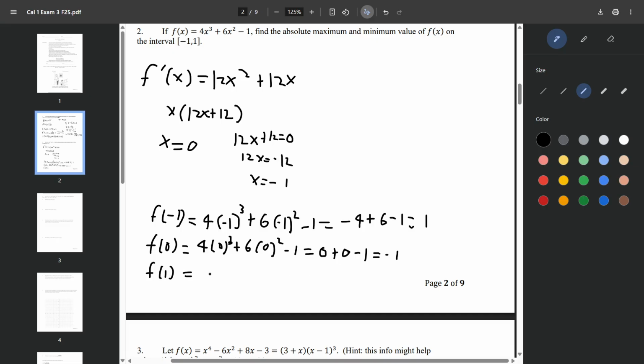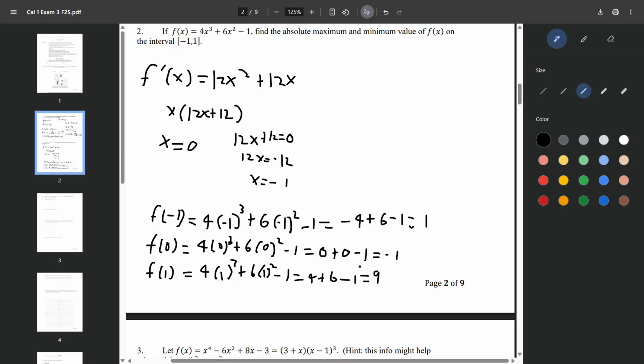And now we're finally going to do f of 1, which is 4 times 1 cubed plus 6 times 1 squared minus 1 equals 4 plus 6 minus 1 equals 9.